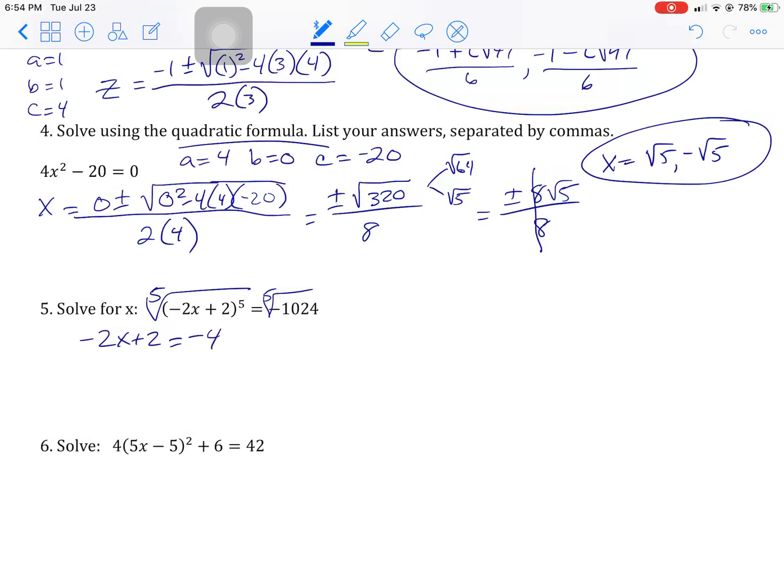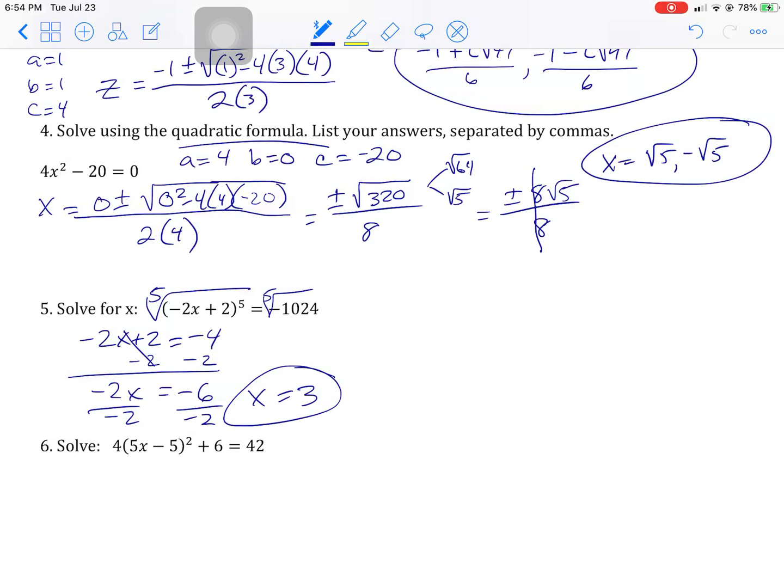So this is going to be a -4. A -4, 5 times itself, is going to be a -1024. Okay? And we just solve for x. Watch all the signs going on here. X equals 3. And because it's an odd root, I don't have to do any kind of checking. Okay? And I get one answer.